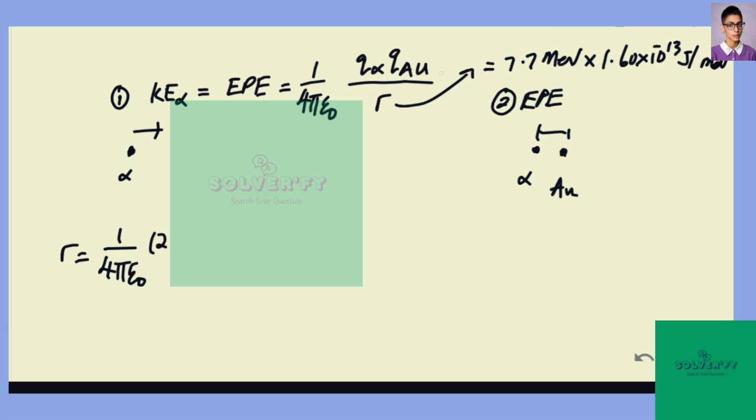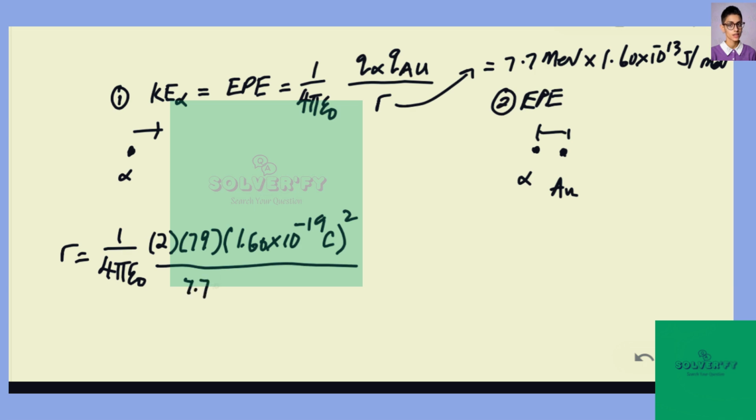The gold nuclide has 79 protons, so that is 79e, where e is the elementary charge, 1.6 times 10 to the power minus 19 coulombs. So we square this, divide by the kinetic energy, which we have previously calculated.